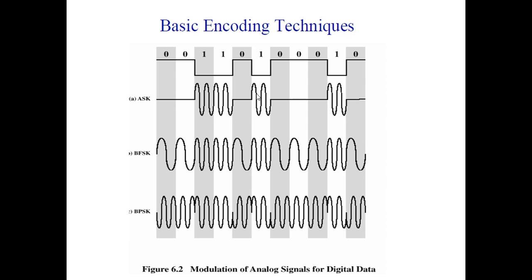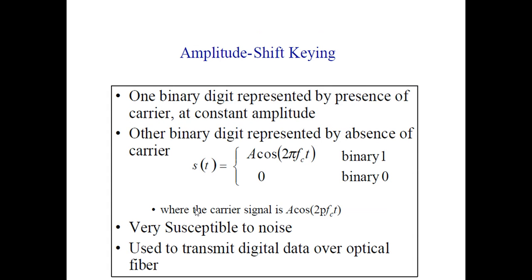In binary frequency shift keying, symbol 0 is represented by a low frequency and symbol 1 by a high frequency. Similarly in BPSK there is a phase change when the transition occurs from 0 to 1 and 1 to 0.